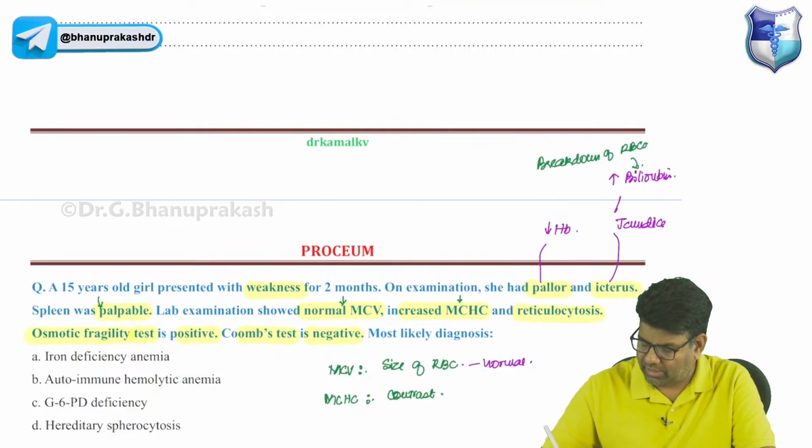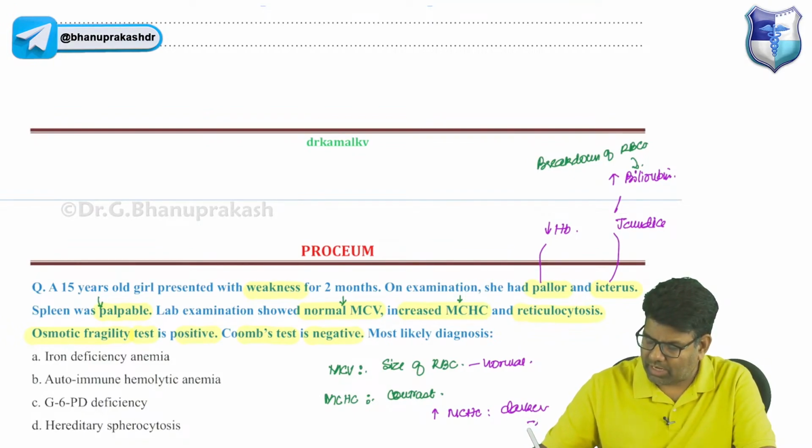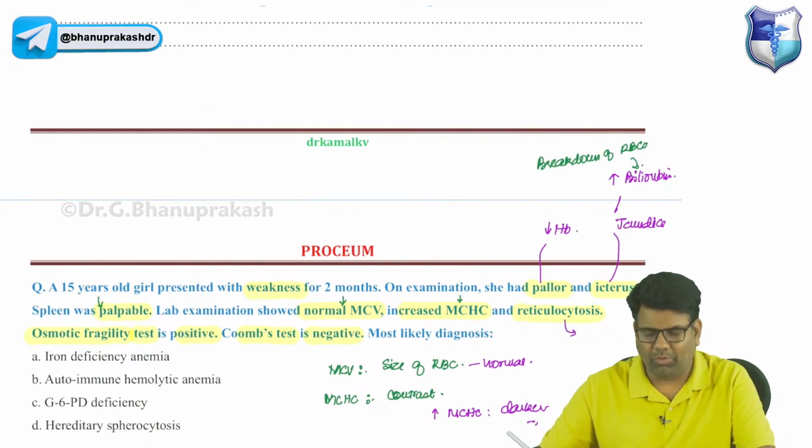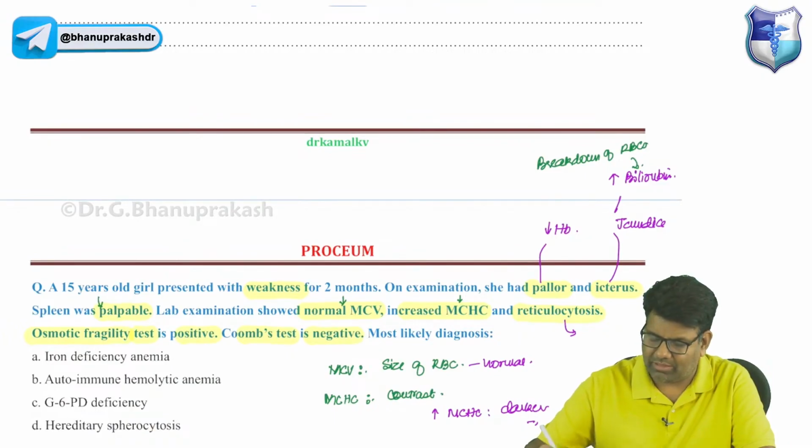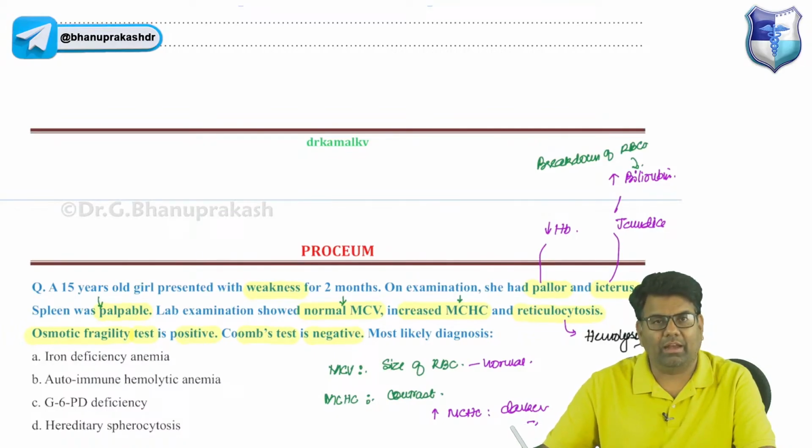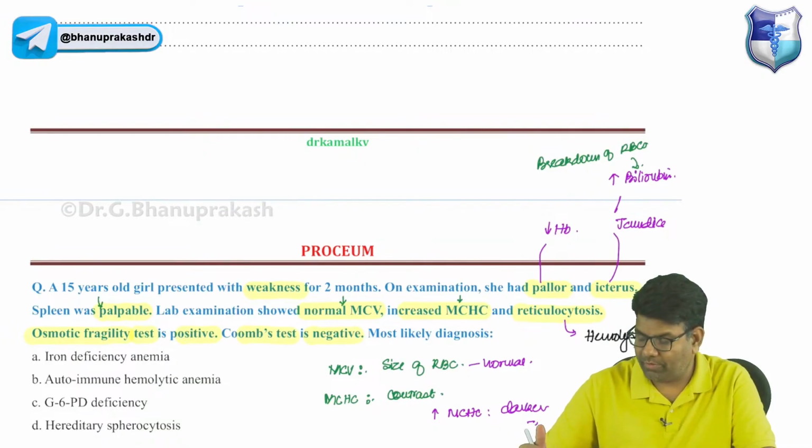And if I say increased MCHC, it means the cells are darker. And then reticulocytosis is again one more feature of hemolysis. It means the body is producing more RBCs to compensate for the loss of RBCs.